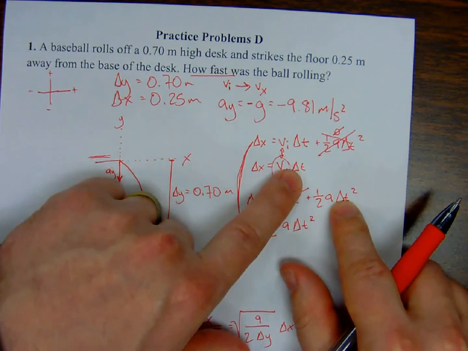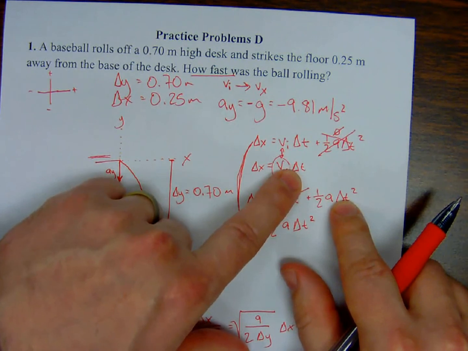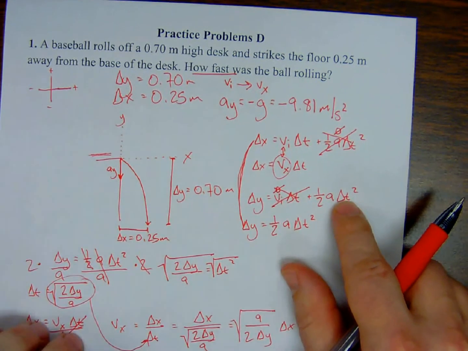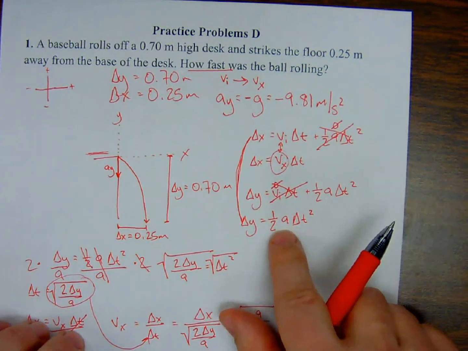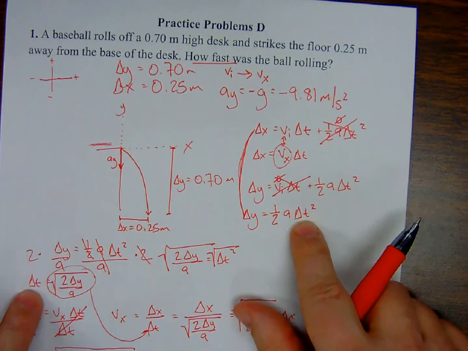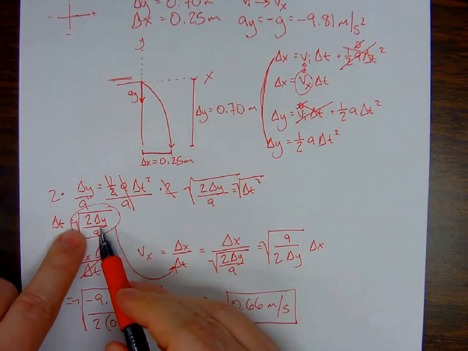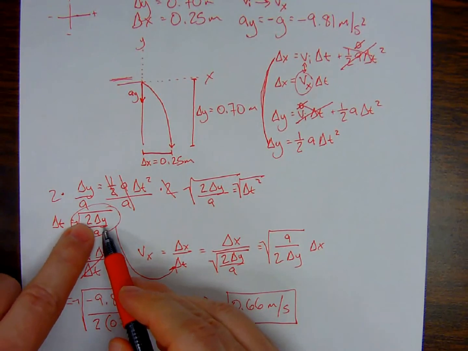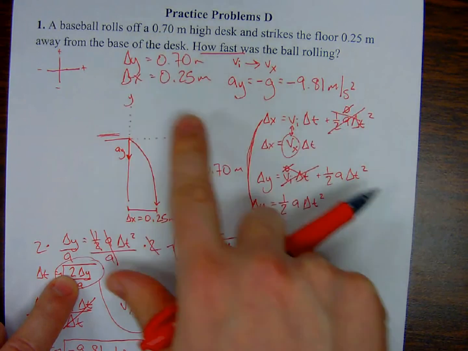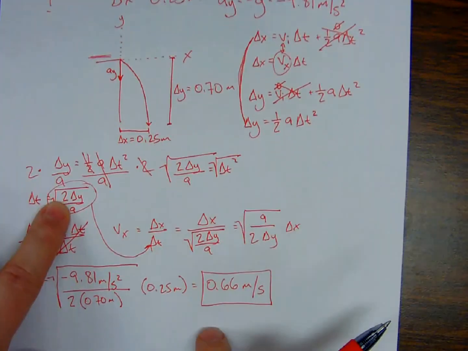I mean, check me if I'm wrong, but there's no time given in the question here. So we don't have a value for time, but we can rearrange it to represent time in a way that uses two terms that we do have from the question, delta y and acceleration. Once we did that, we could substitute this entire expression in for delta t here.